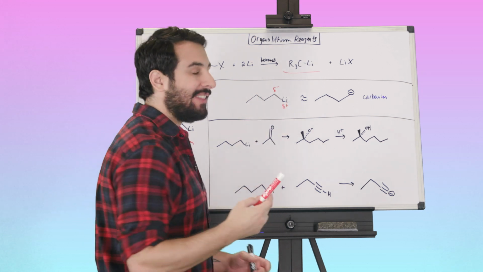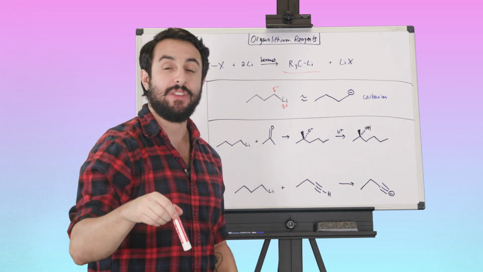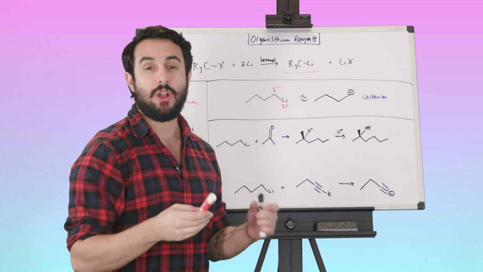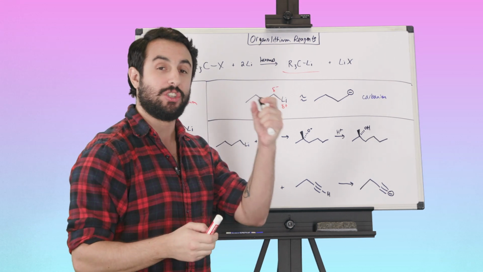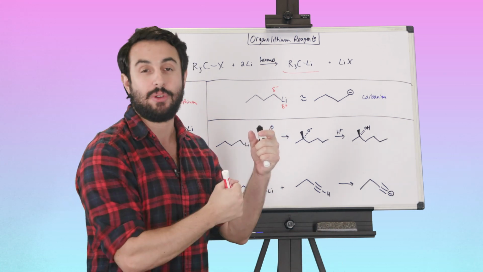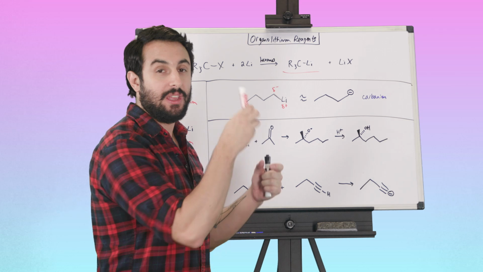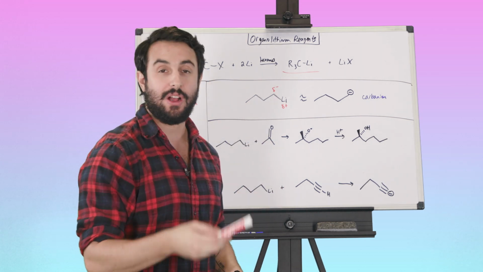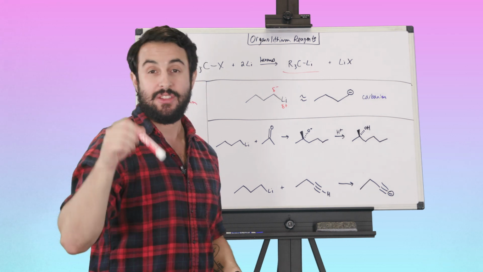And as it happens, lithium is even less electronegative than magnesium. So whereas with the Grignard reagent, we saw that we had a partial minus charge on that carbon because it was a polar bond and carbon was pulling electron density away from magnesium, here we see that effect even more so because lithium is less electronegative than magnesium.